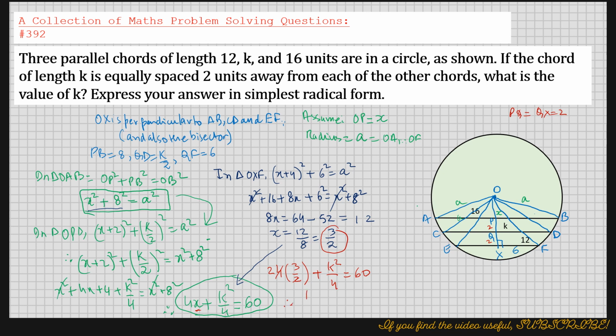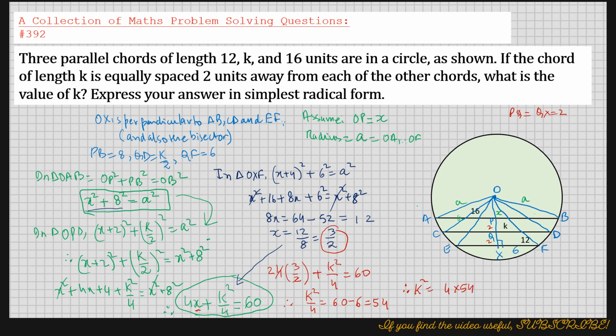Therefore k square out of 4 equals 60 minus 6, and that is 54. So k square is 4 times 54.